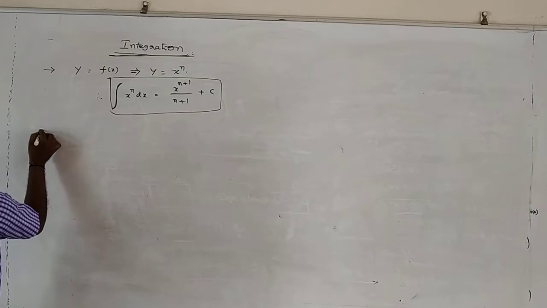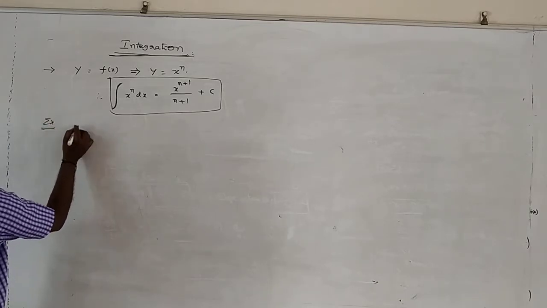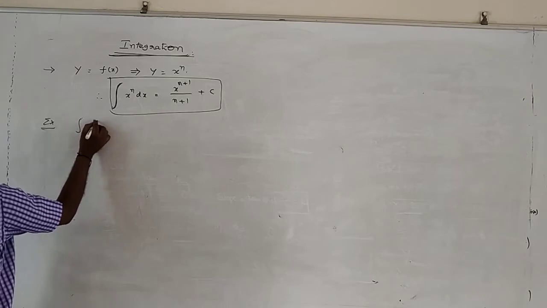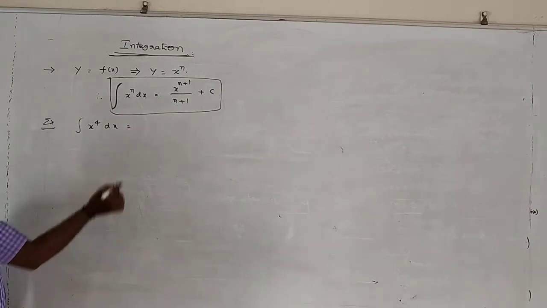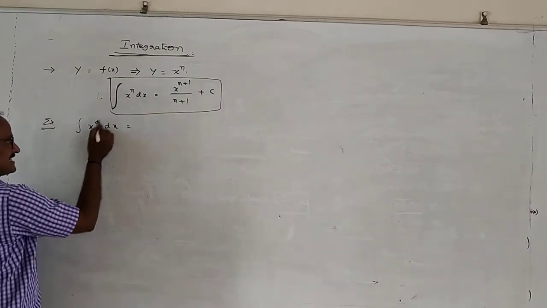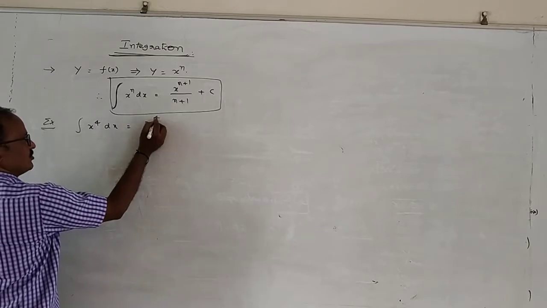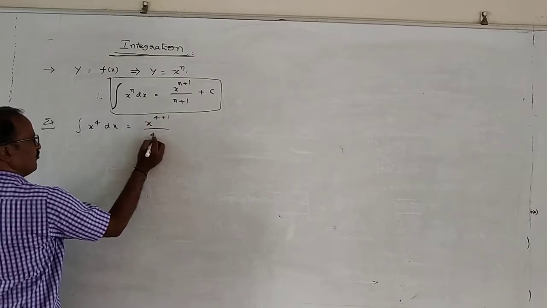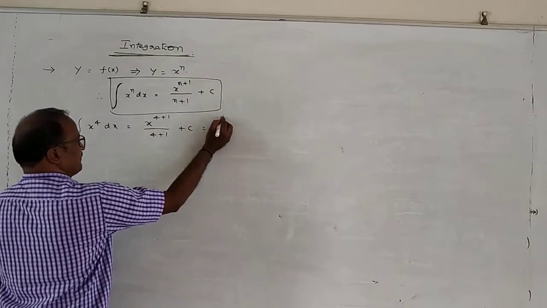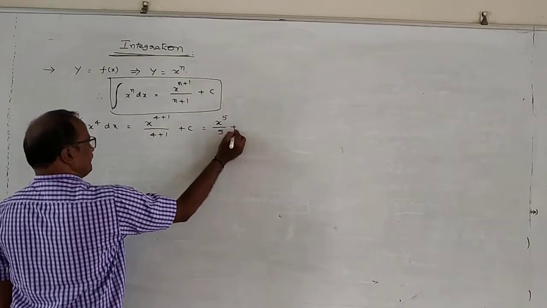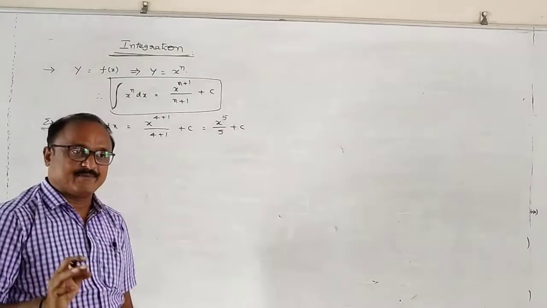See here, an example. What is the value of integral x power 4 into dx? Come on, tell me. This is in the form of x power n into dx. x power n plus 1 means 4 plus 1 by 4 plus 1 plus c, that is equal to x power 5 by 5 plus c, where c is the integral constant, its value depends on the limits.